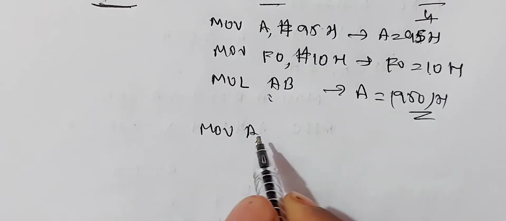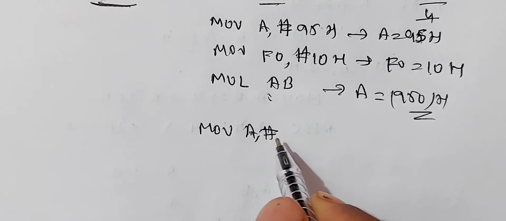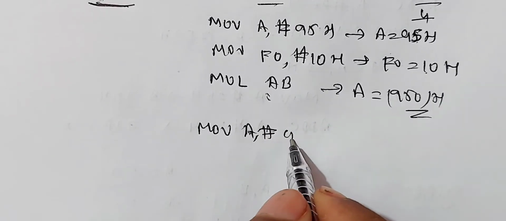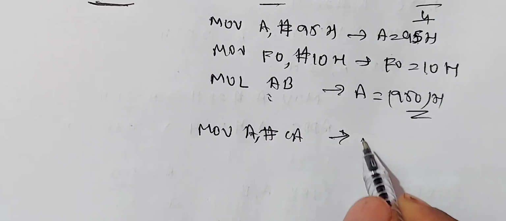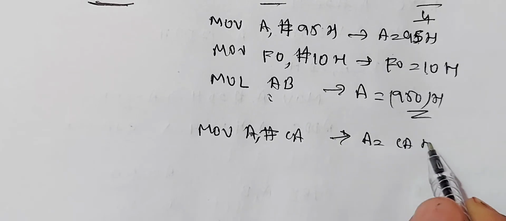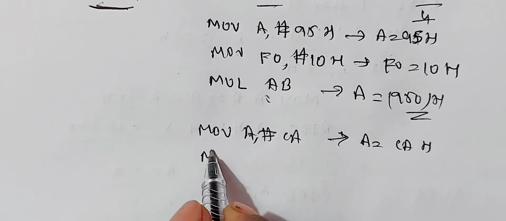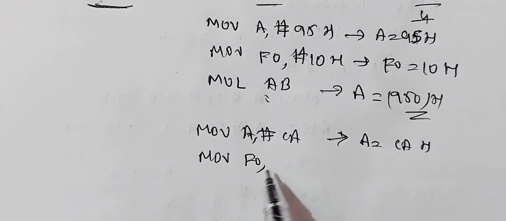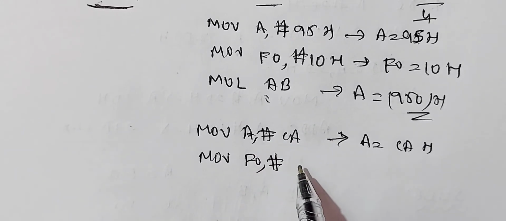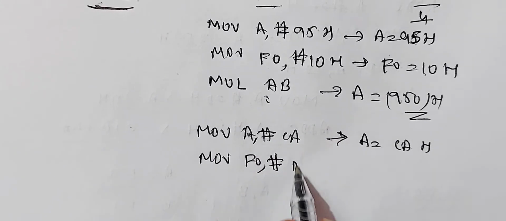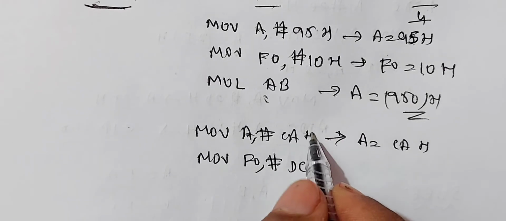Another example of multiplication. Take one more example: MOV A comma hash CA. This implies that A is loaded with the number CAH. And MOV F0, that is, load the value DCH. You have to write H here.